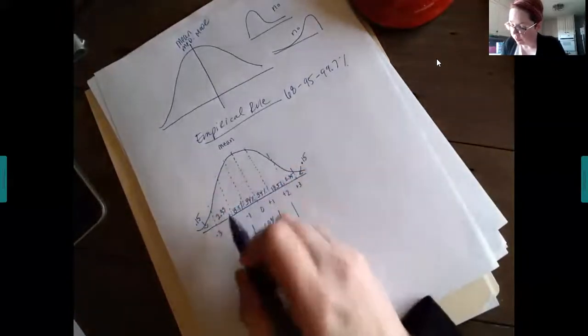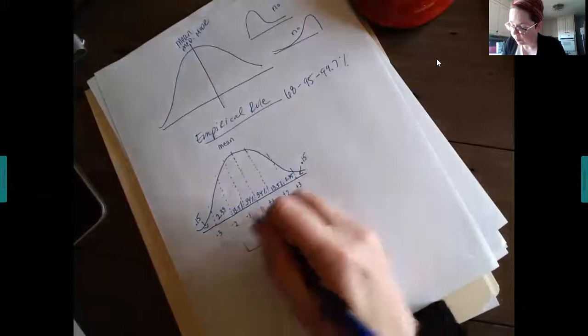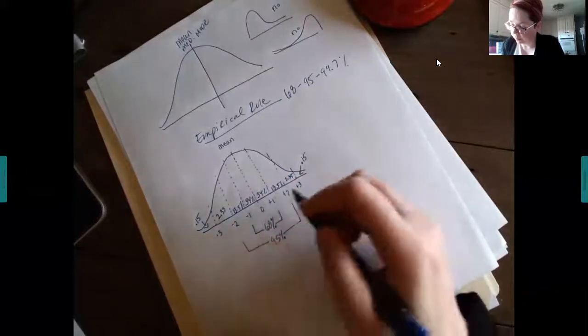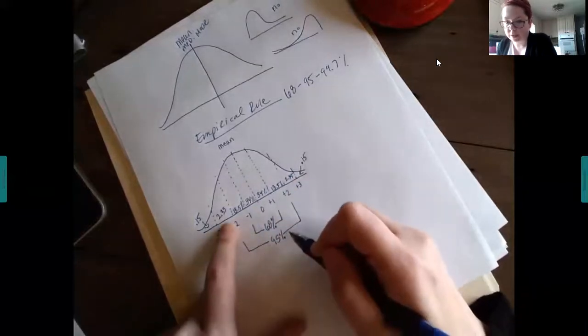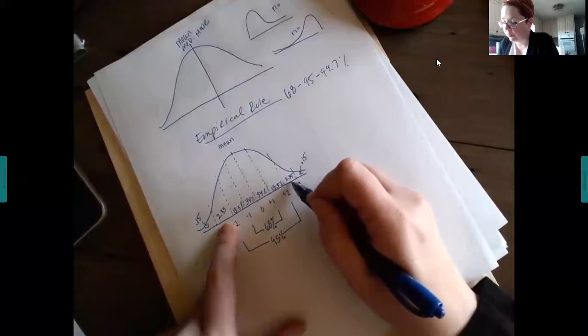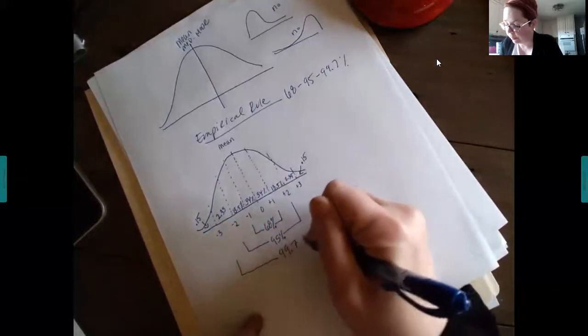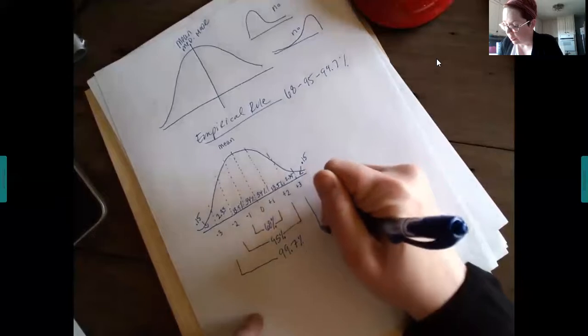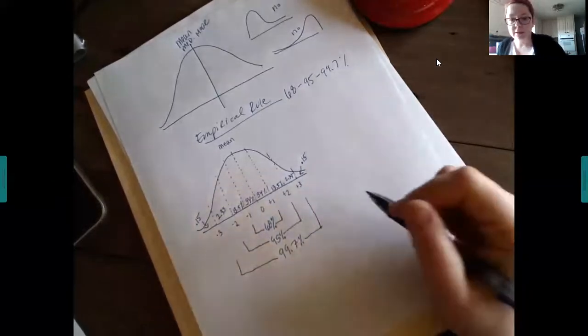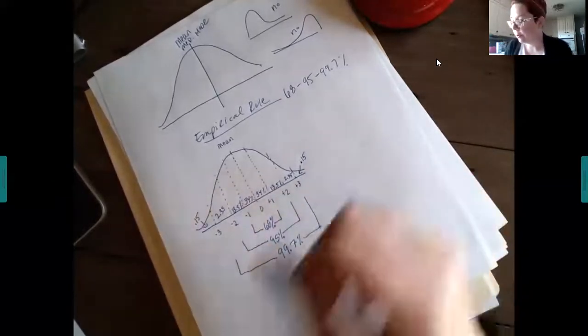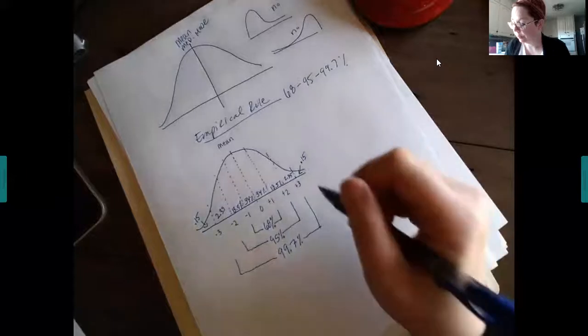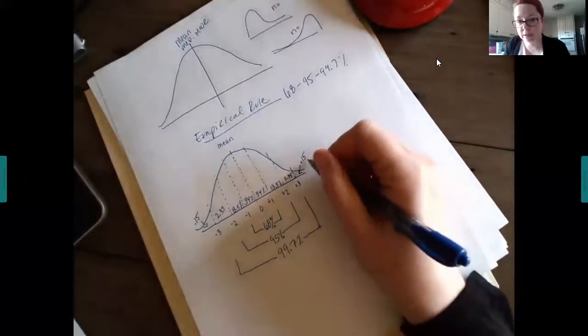So right here, if we added up everything, 3 standard deviations out. So we took 95 and we added this 2.35 and that 2.35, we're going to get 99.7. And statistically, it's very difficult to get beyond that. That's why this probability is so low.